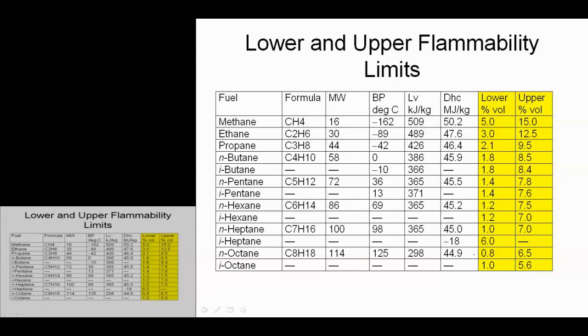Hydrogen has a very wide flammability limit. Carbon monoxide has a very wide flammability limit, but these are things that we can find in the literature. But again, we see that on the upper end, we're from about 8 to about 15 for methane, and on the lower end, it's about 1 to about 5 for methane.